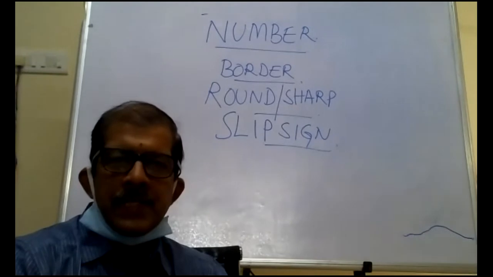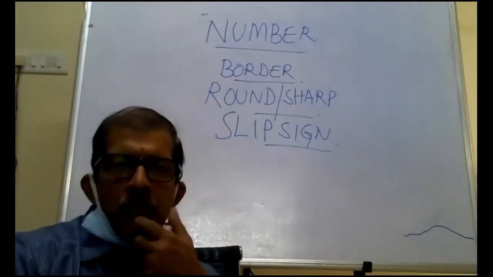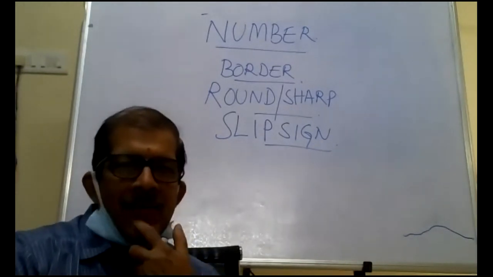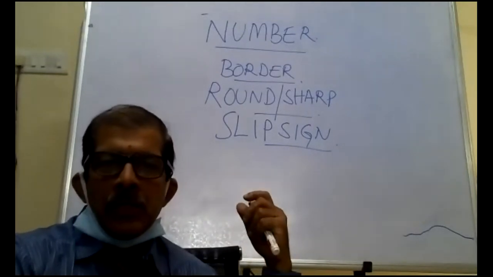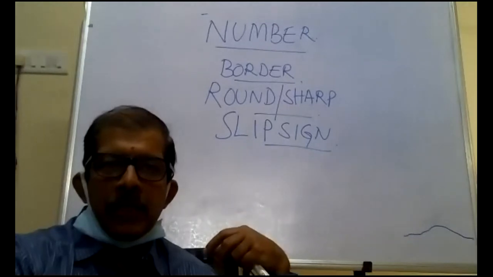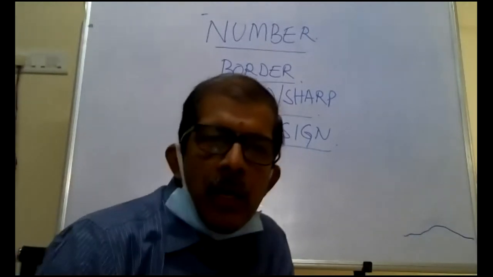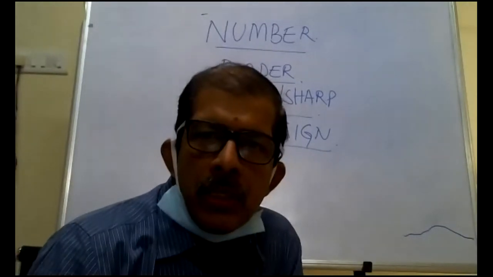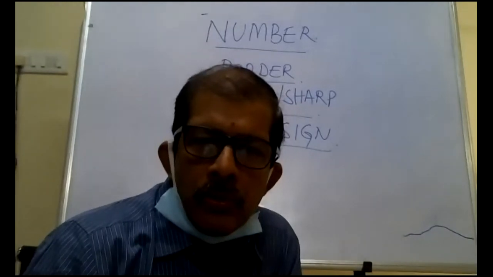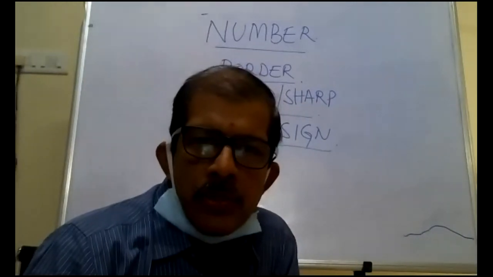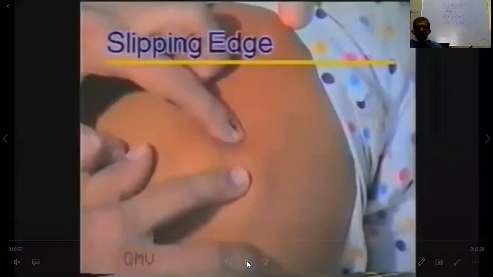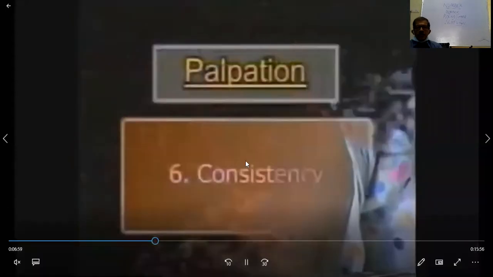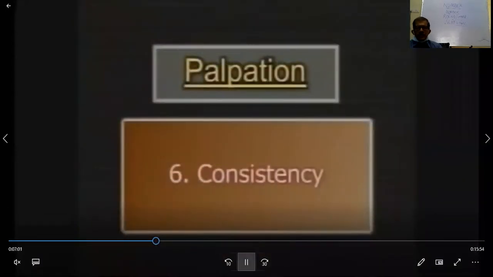In which cases? Yes. So all of you have written lipoma, very good, correct. So slip sign is very characteristic of lipoma, right? So how to demonstrate the slip sign also, it is clearly shown here. You can see that, see how it is slipping under the fingers.